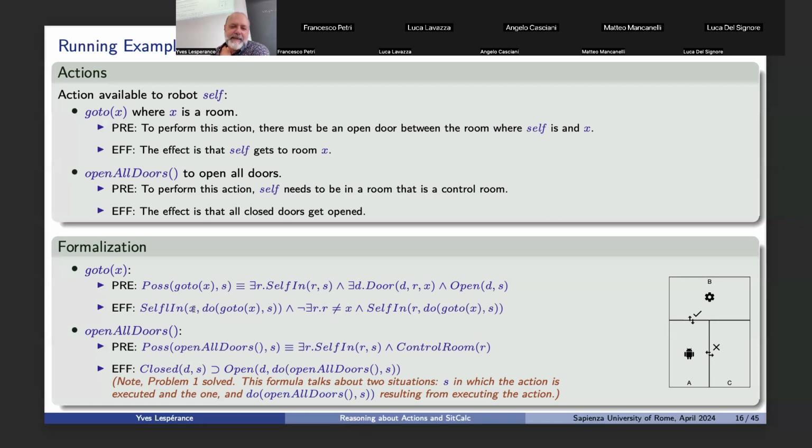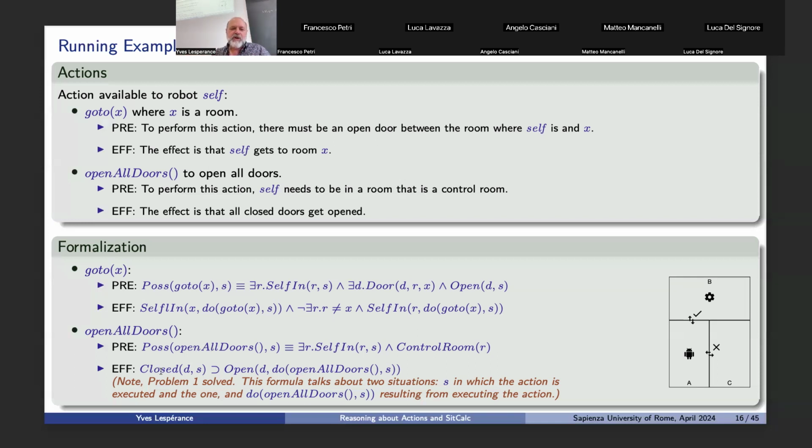This is just supposed to be an effect specification. So this says that the agent is in room X after going to X in situation S, okay? And also, it's not the case that there's a room R different from X where the agent is in that room after going to X. So this basically just specifies what changes. So you do go to X in S, you're in X, and you're no longer in any other room, okay?